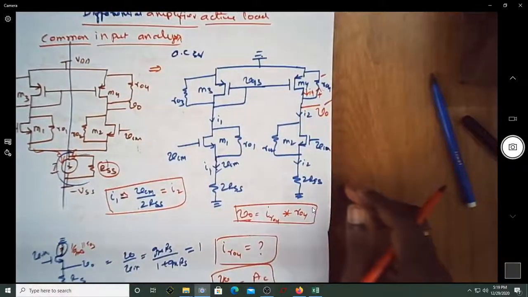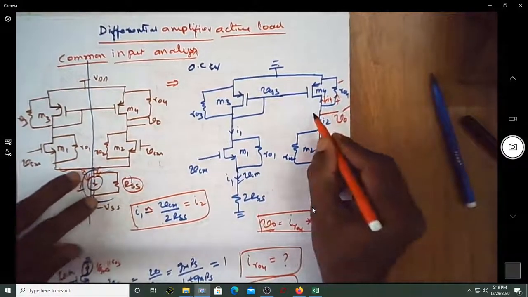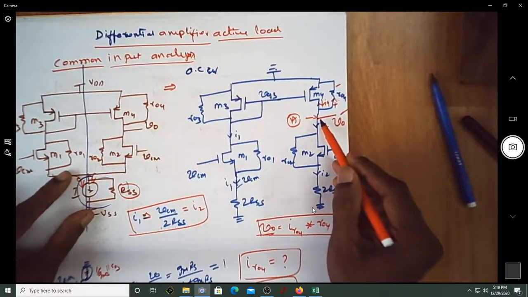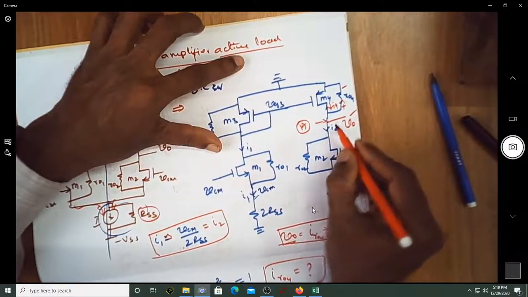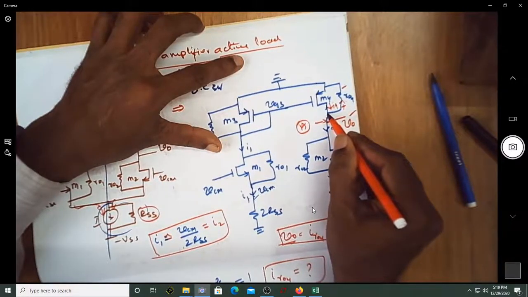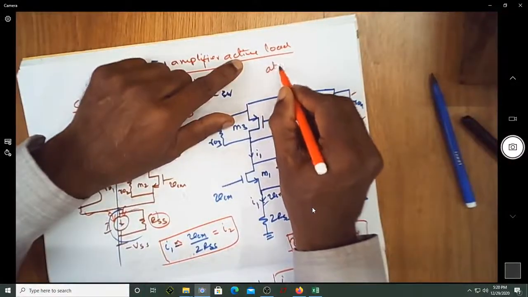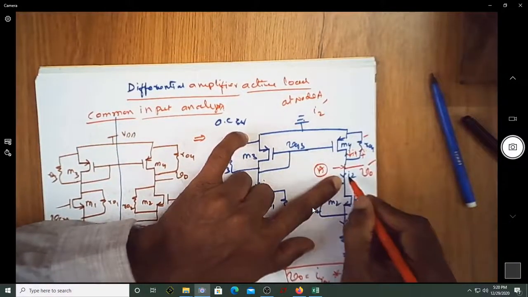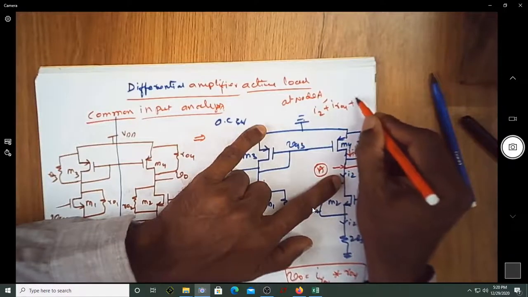Now the entire analysis is to find IR04. If you consider this node A, I can write a KCL expression at this node A. One current is entering, and there are two currents leaving. At node A, the currents leaving are I2 and IR04, and the current entering is I4.